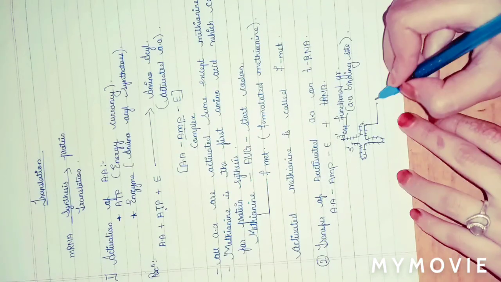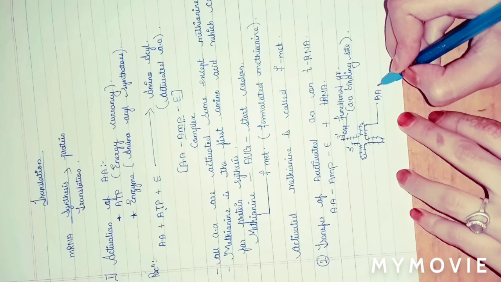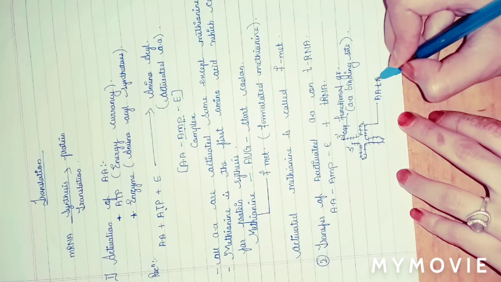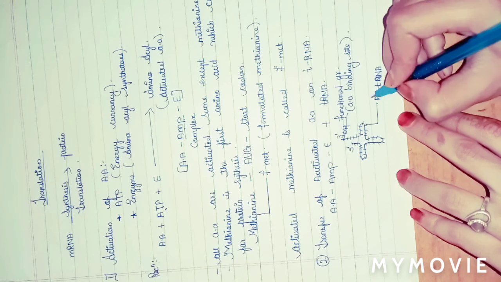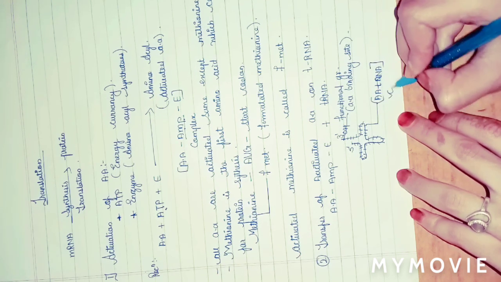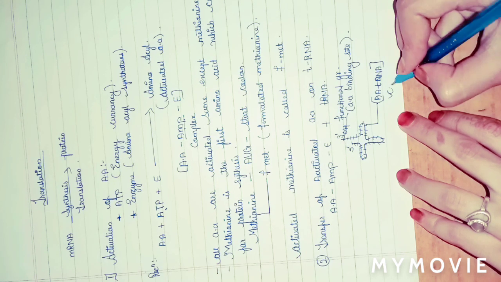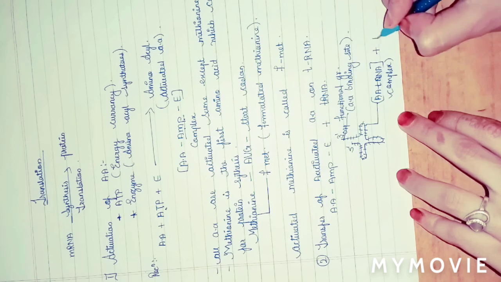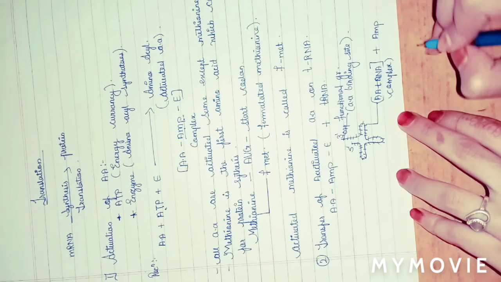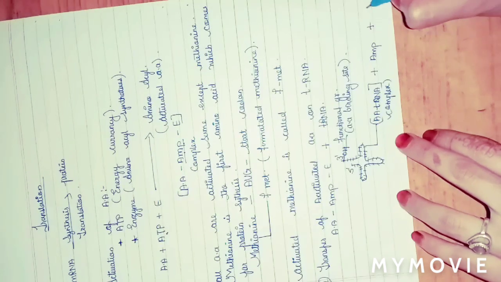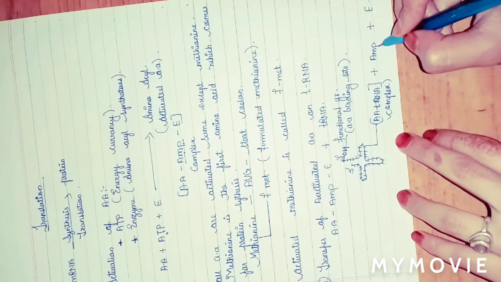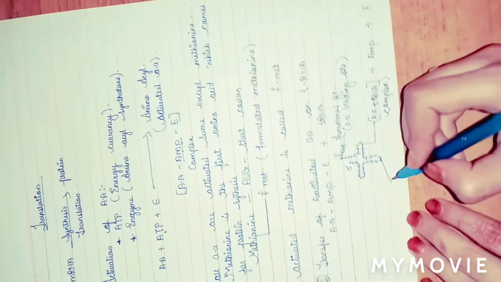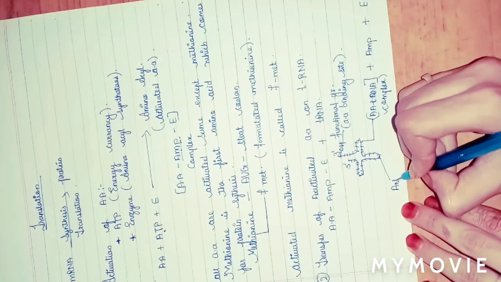Here the amino acid comes and binds. Here the amino acid gets attached to tRNA and forms an amino acid tRNA complex. Plus AMP, adenosine monophosphate, and the enzyme get free. This is the anticodon arm.